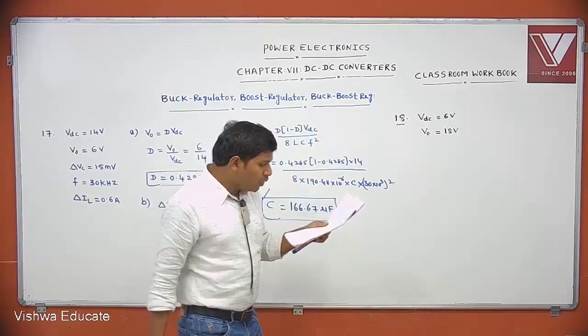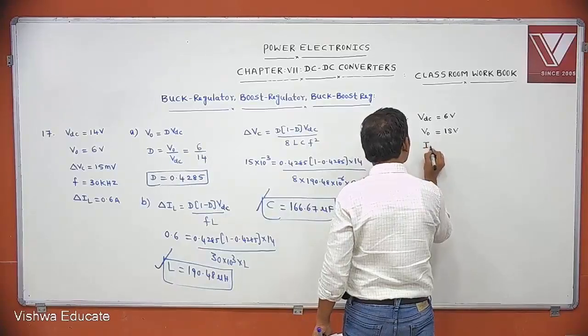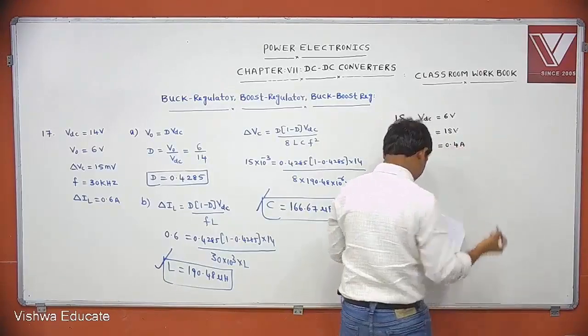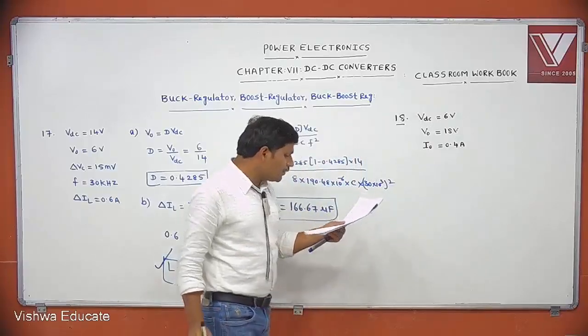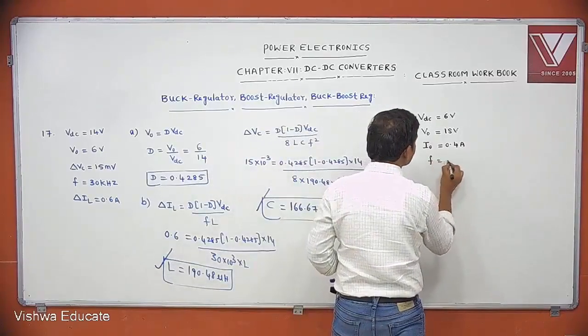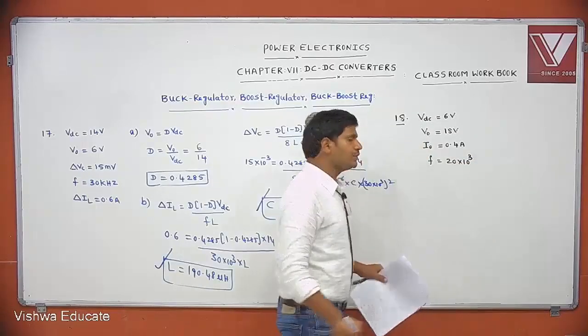The average load current is 0.4 ampere. This is the given data. The switching frequency is 20 kilohertz, that is 20 into 10 cube Hz.